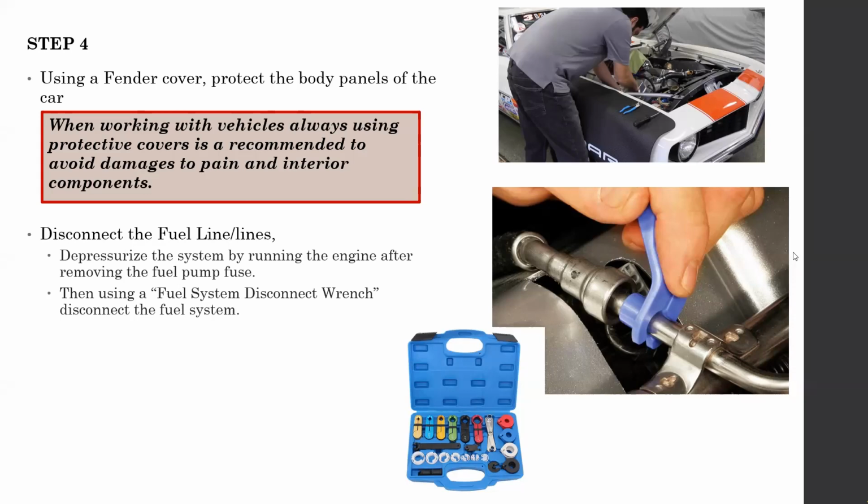But where the vehicle was manufactured after about 2000, manufacturers started to use a standard fuel line system with quick disconnectors, which do not contain any screw joints. They are just press and remove disconnectors.